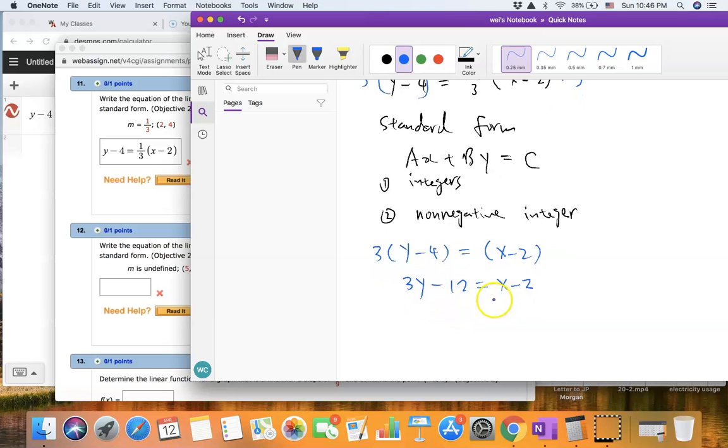The next thing is I want to determine if I bring the x to the left, or I bring the y to the right.